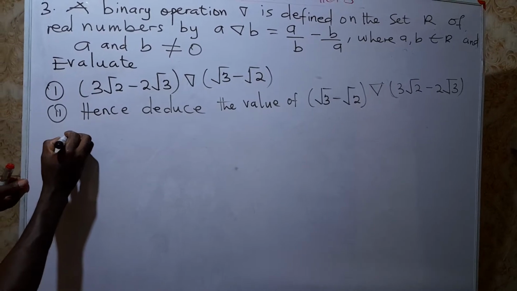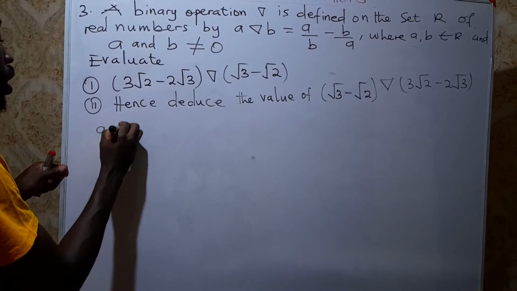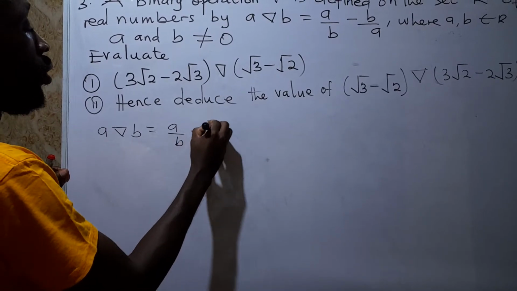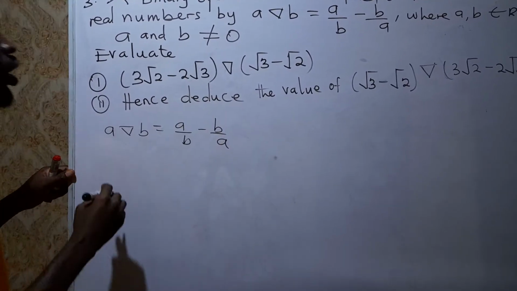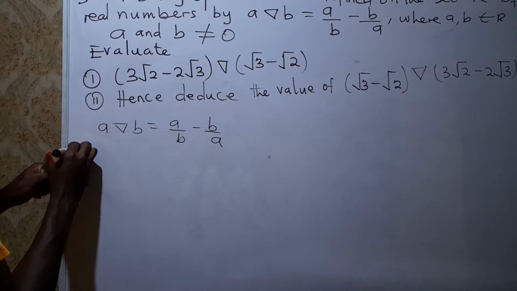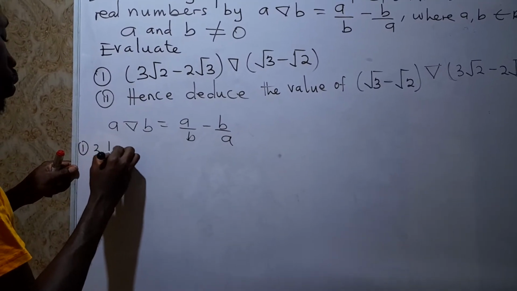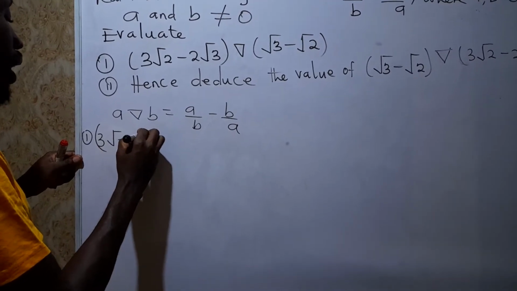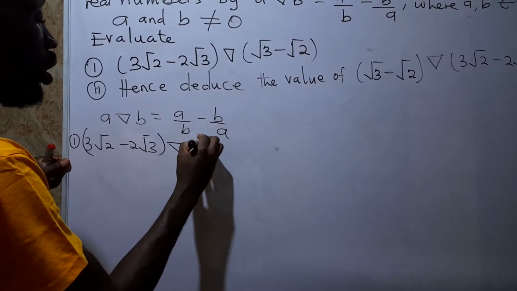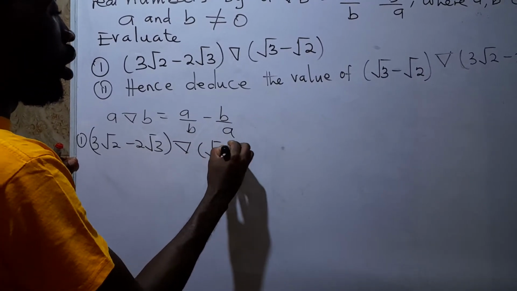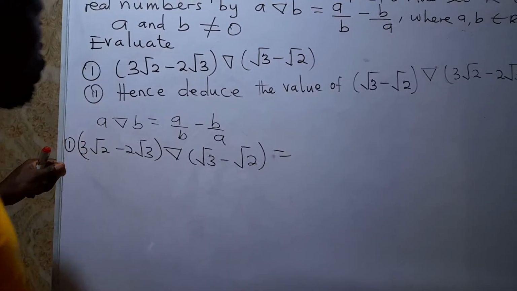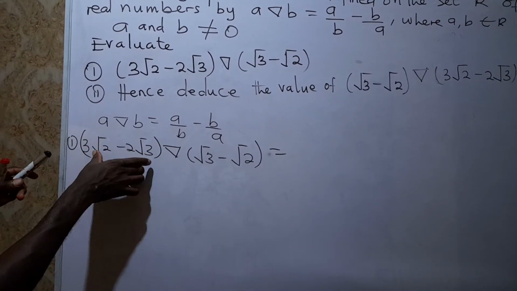Remember, we have A nabla B equal to A over B minus B over A. So if we have 3 root 2 minus 2 root 3 operation root 3 minus root 2, it will be equal to, so any place we see A, we substitute this.